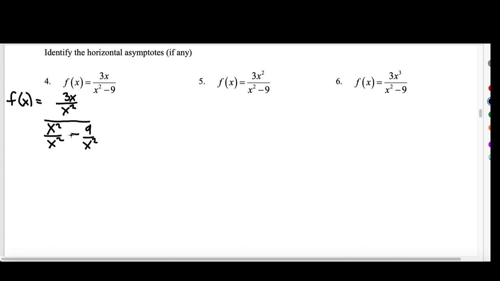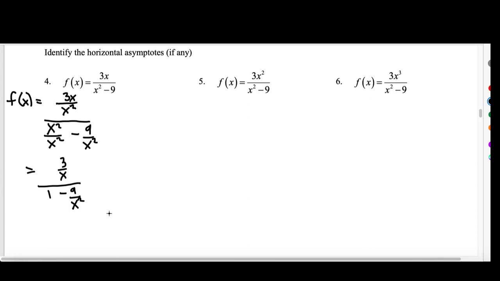I just restated the rational function in a different way, right? I've done exactly the same thing to every term, so nothing has changed as far as the value; it's expressed in a different form. Now, on the numerator, 3x over x squared, I can cancel out a factor of x, so that becomes 3 over x. x squared over x squared is 1, minus 9 over x squared.